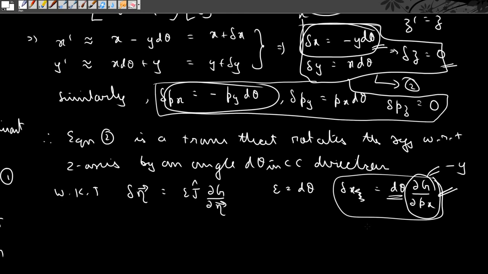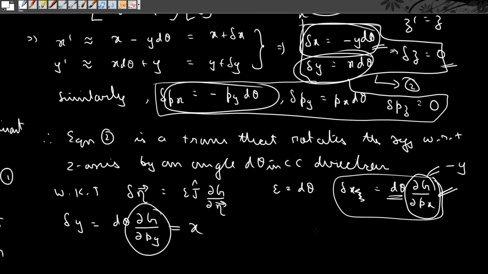Similarly, if you choose del y, this should be equal to d theta times dou g by dou py, and if you compare it with this relation, this should be equal to x.